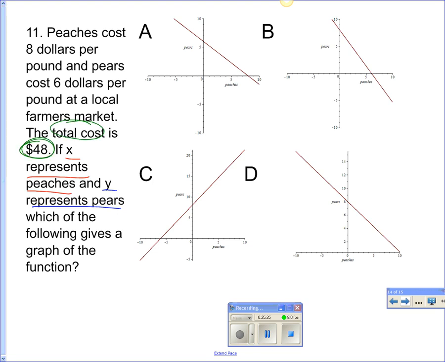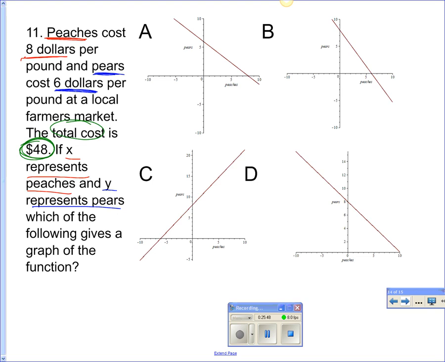Okay? Anything else that's important? $8 per pound of pears. All right, so, well, $8 is for peaches. So 8 is peaches. What else? Pears. Okay, so this is where you kind of got to piece information together.